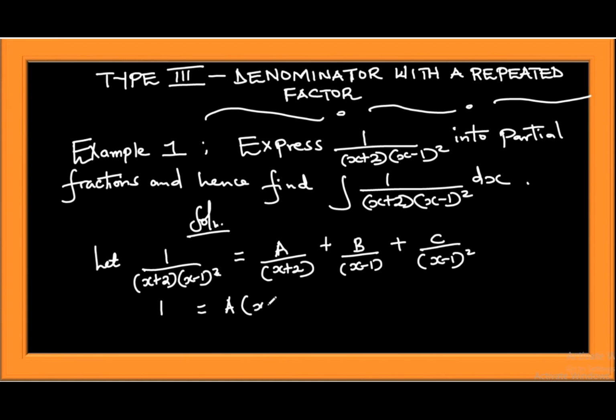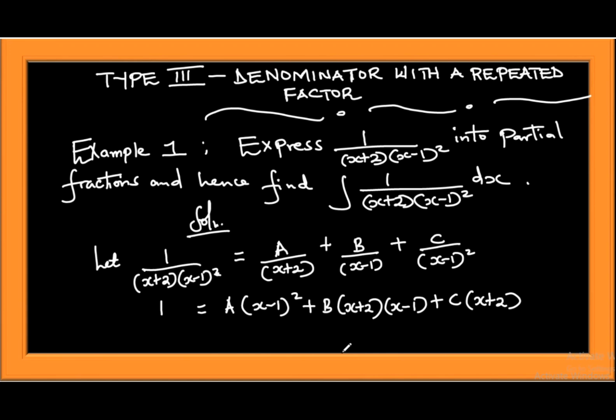So you end up with x minus 1, but squared, plus, come to b, you get the whole LCM divided by x minus 1. You will end up with x plus 2 into brackets x minus 1, plus c, get the LCM divided by x minus 1 squared, you will end up with x plus 2.